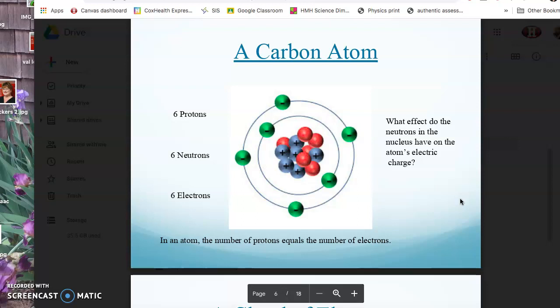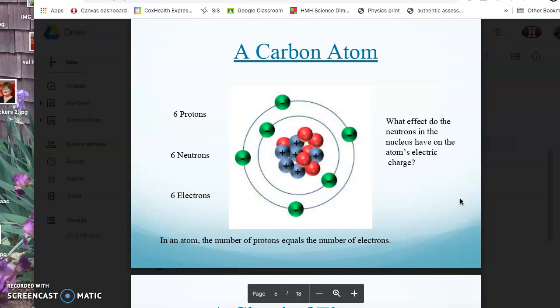There are 6 neutrons, and notice there's no charge on them at all. And then on the outside of that nucleus, you've got 6 electrons, and they have a negative charge. So in an atom, the number of protons equals the number of electrons. That's important to remember. You might want to make sure to write that down.